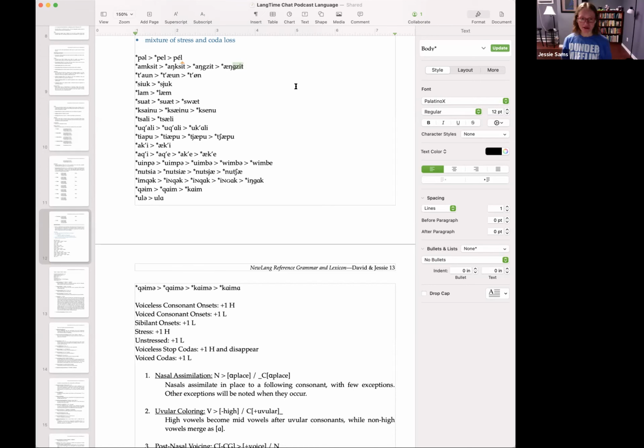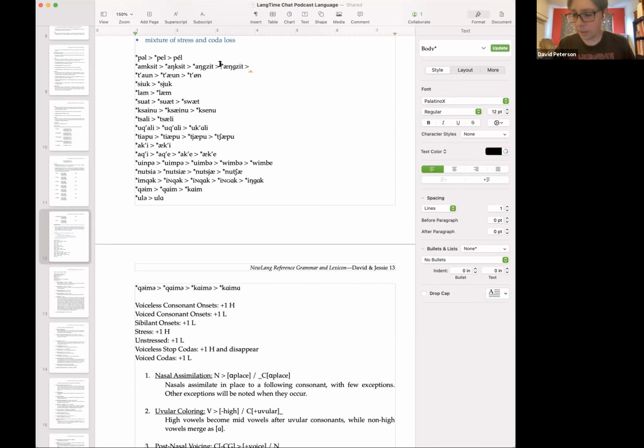Sure. Okay, so for the next one, trying to keep us moving along here, we do have a two-syllable word, but it ends in a consonant, and so it's going to be stressed on the final syllable. So angzit is going to have that stress. Looking at the stressed syllable first, or do you want to start with the unstressed syllable since it's first and we would type it first?